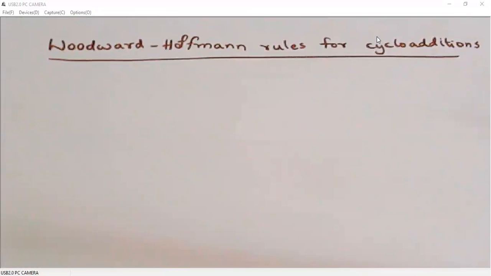What are the Woodward-Hoffmann rules for cycloaddition reactions? The Woodward-Hoffmann rules tell you the preferred bond formation or preferred orbital orientations that lead to bond formations in cycloadditions. So we will take it as a small table.